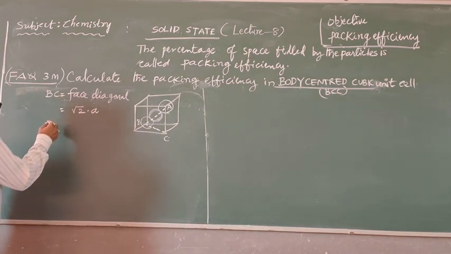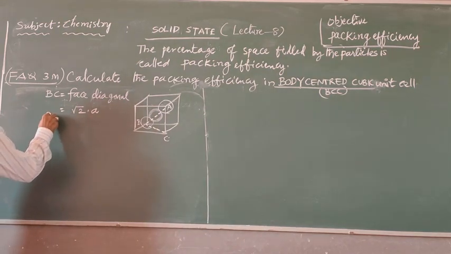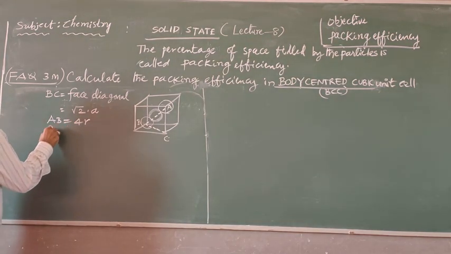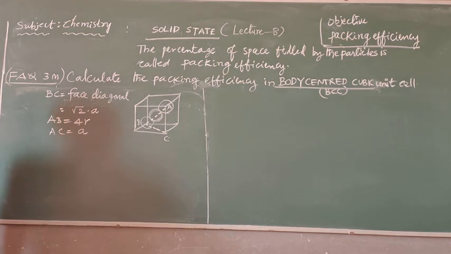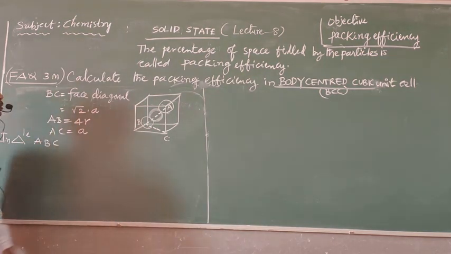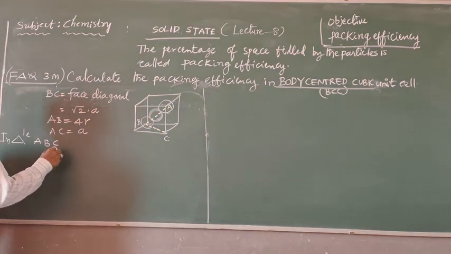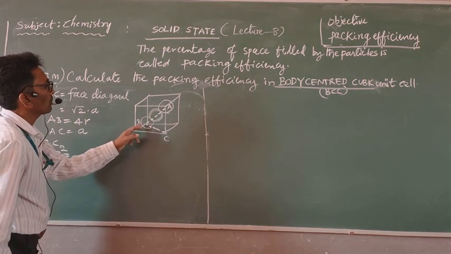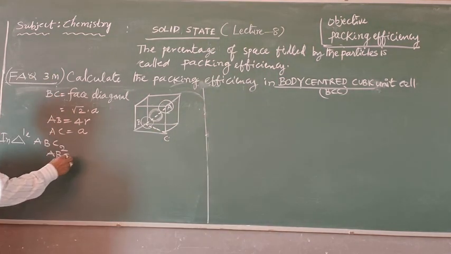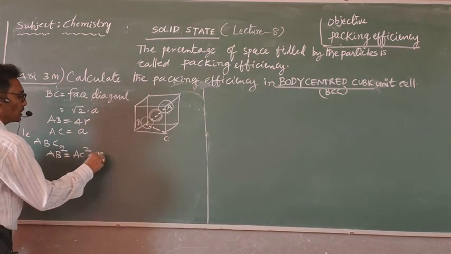Next, AB is equal to 4r. Next, AC is equal to a. Now, in triangle ABC, hypotenuse square, that is AB square, is equal to side square plus side square, that is AC square plus BC square.